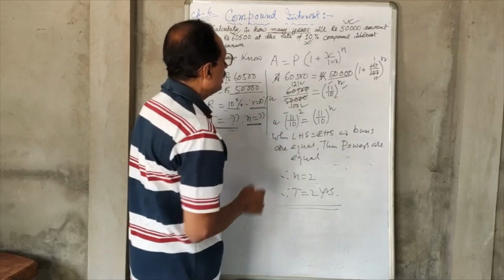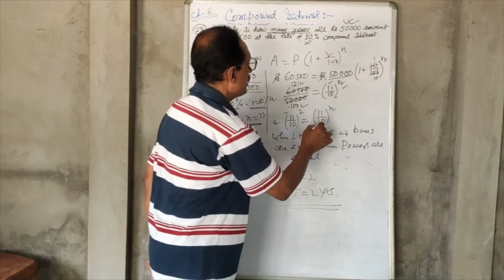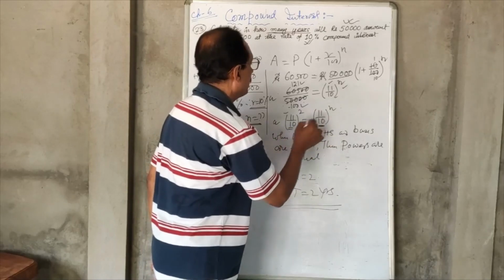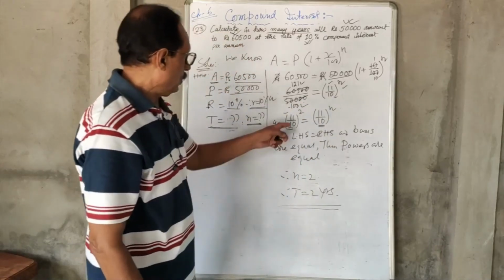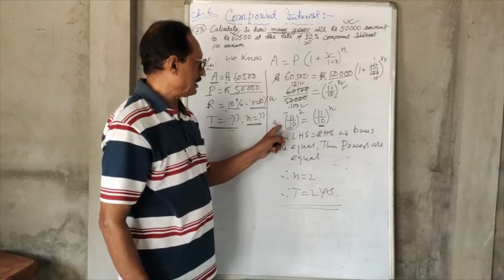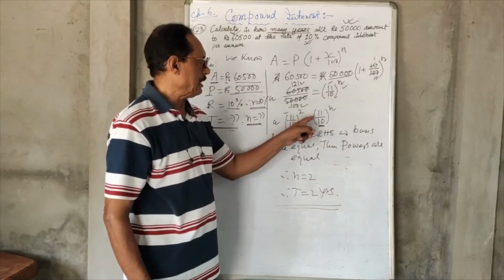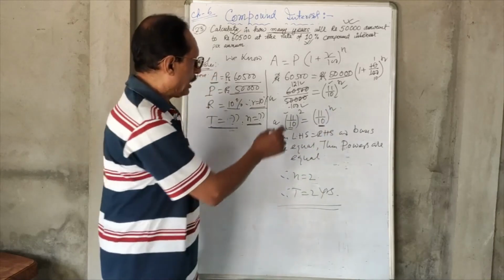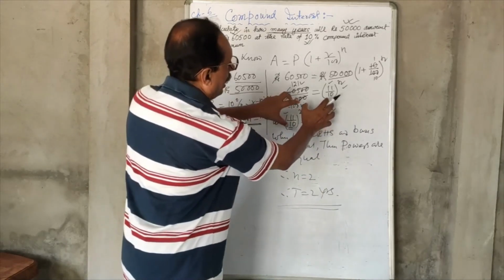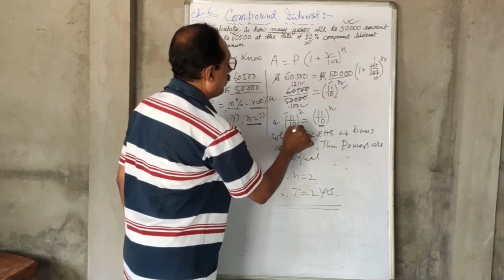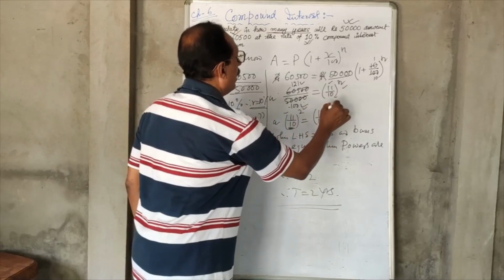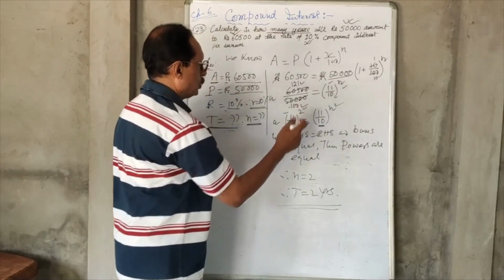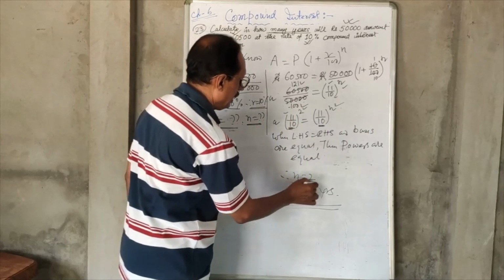We convert in this form because the base on the right hand side is 11 by 10. So the left hand side is (11 by 10) whole squared, and the right hand side is (11 by 10) to the power n. We know that if the left hand side and right hand side are equal and the bases are equal, then the powers must be equal. That means n will be equal to 2.